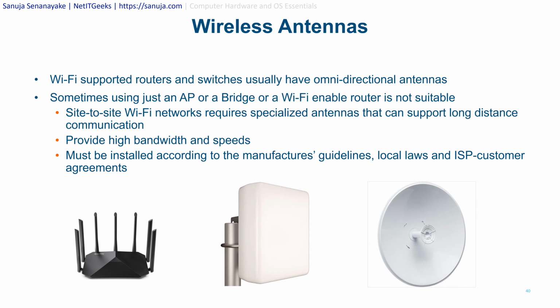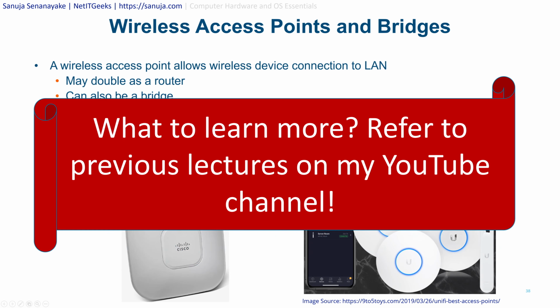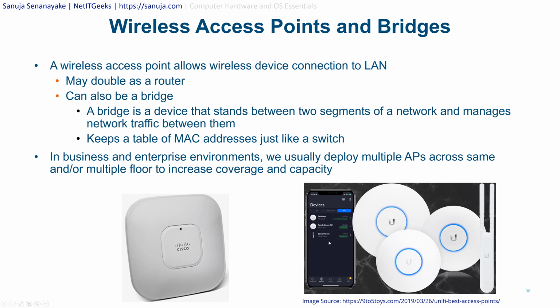Wireless antennas. Wi-Fi supported routers and switches usually have omnidirectional antennas. Those omnidirectional antennas look like these. These are omnidirectional antennas on a home use Wi-Fi router, and the antennas inside some of the access points that I have discussed right here are typically omnidirectional as well.